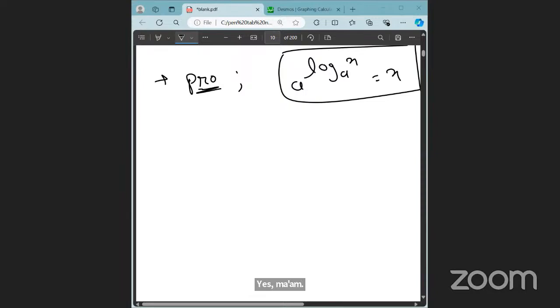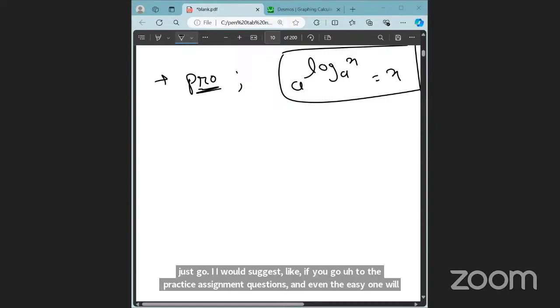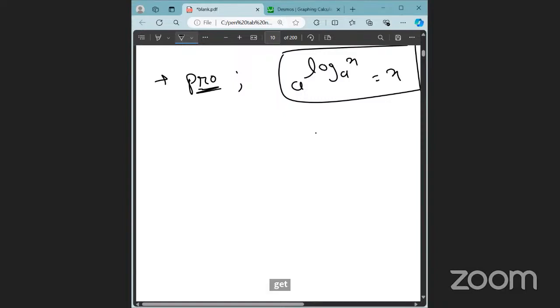If you go to the practice assignment, even the easy ones get solved very quickly and the hard ones take some time. But the ones who have doubts in activity questions would stay unresolved if they're not touched. Okay, so let's go via activity questions. There is a dedicated session for solving your doubts, so we can continue there also.